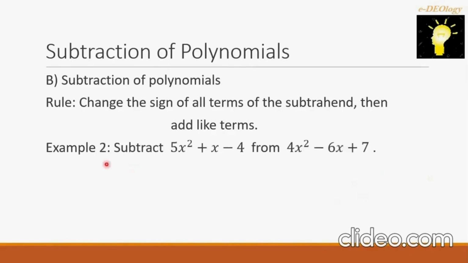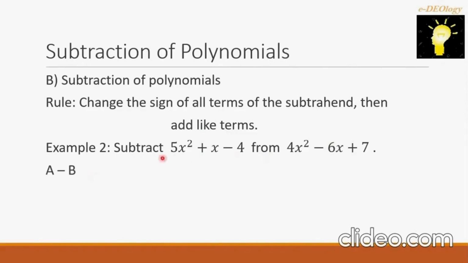Let's have another example. Subtract 5x squared plus x minus 4 from the 4x squared minus 6x plus 7. So there is a little analysis of the position of the polynomials here. We know that we are putting a minus b in a normal operation of subtraction.